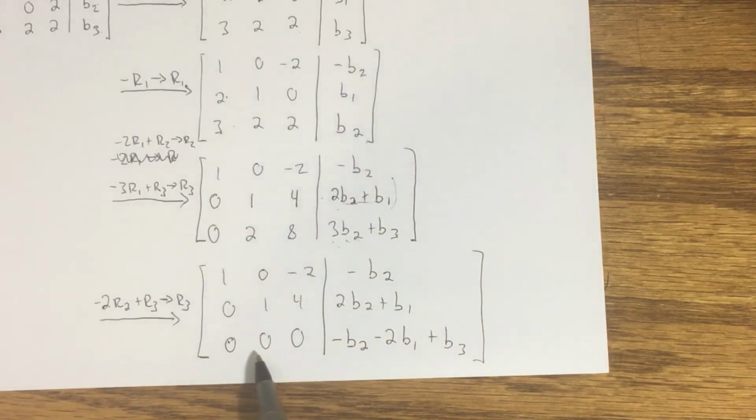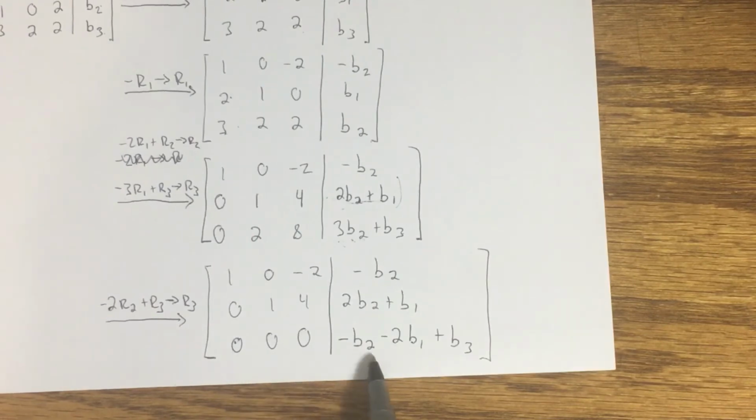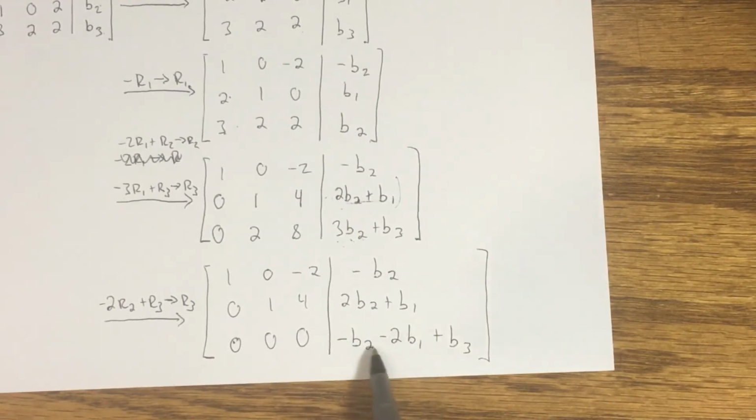Well, the determination is made based on whether or not this is a contradiction. This will be a contradiction if this is equal to anything other than 0. But if we want to have solutions to this system, then this last row should be 0 equals 0. In other words, this expression here should be equal to 0.